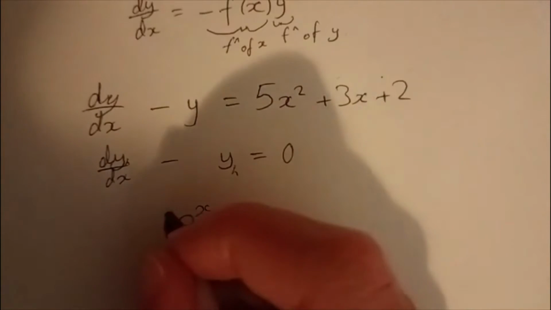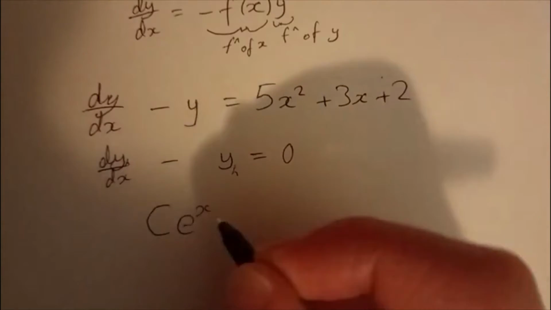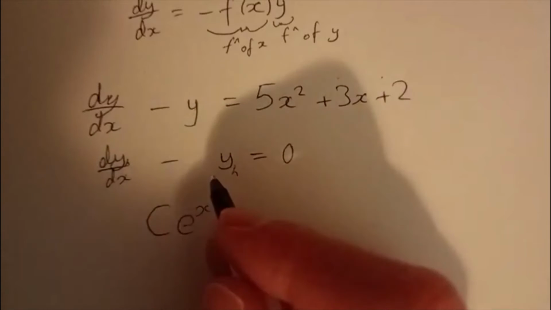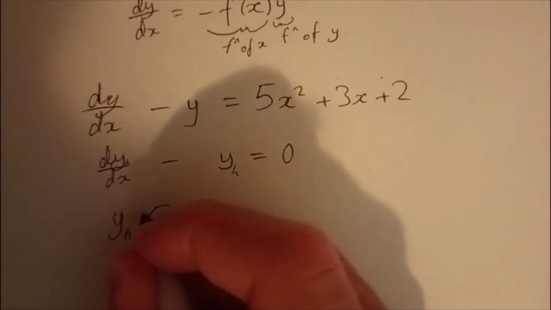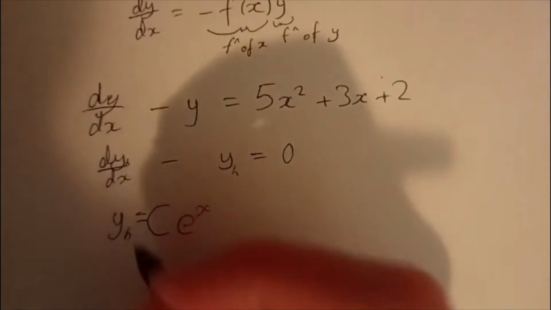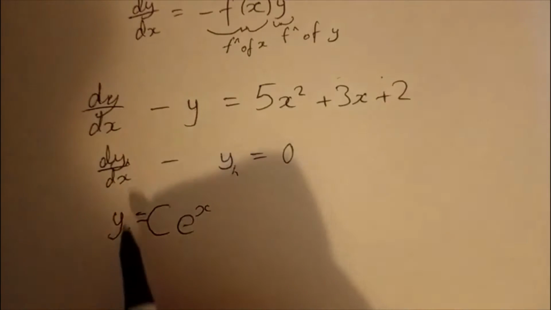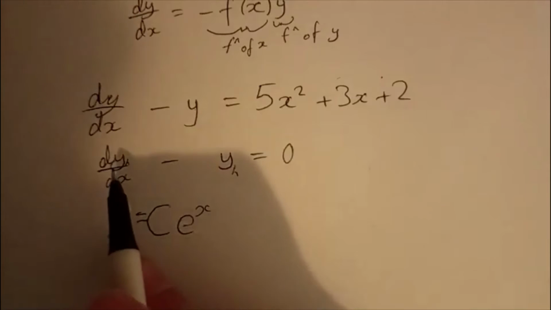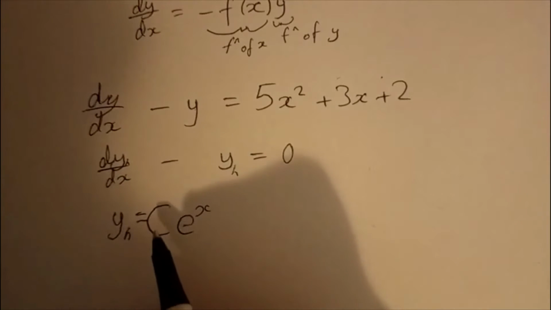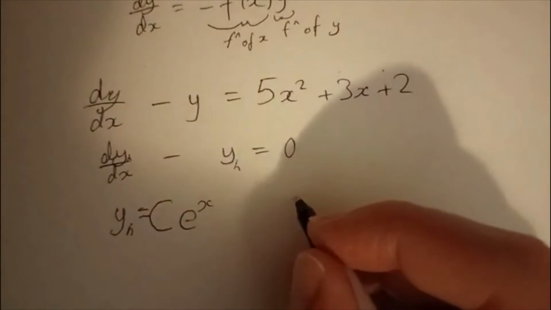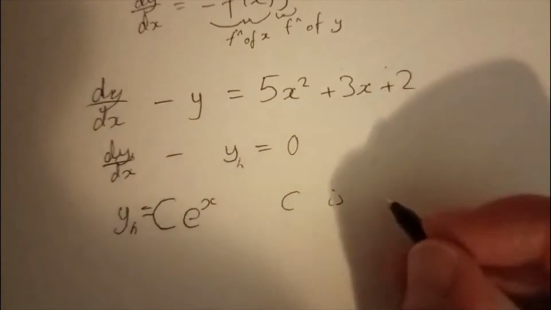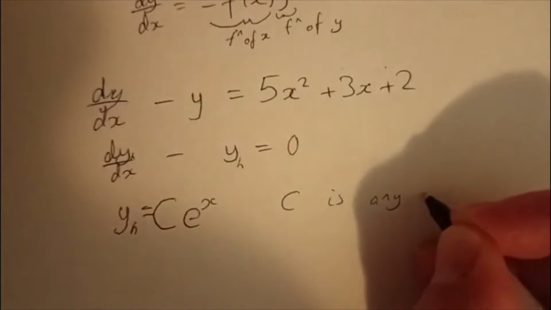And indeed, any constant multiple times e to the x is also a solution. Okay, so a solution to this equation here is y_h equals c times e to the x, where c is any constant.